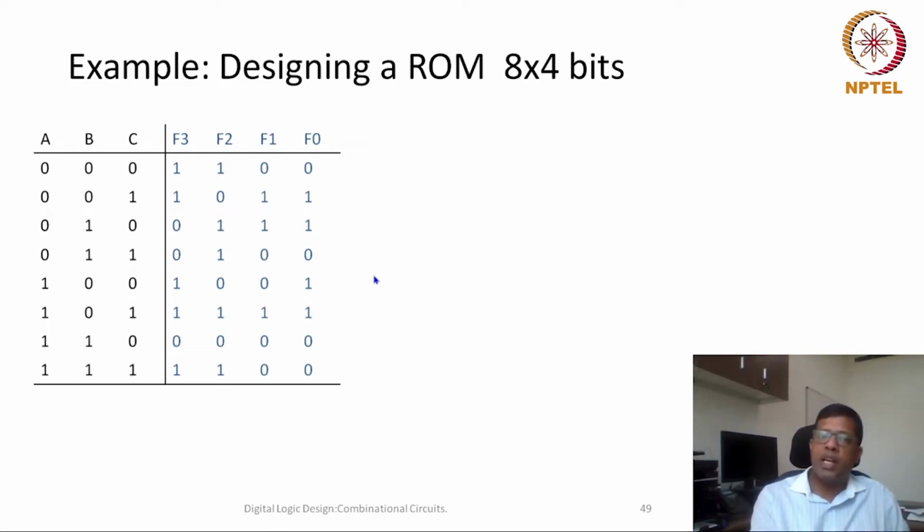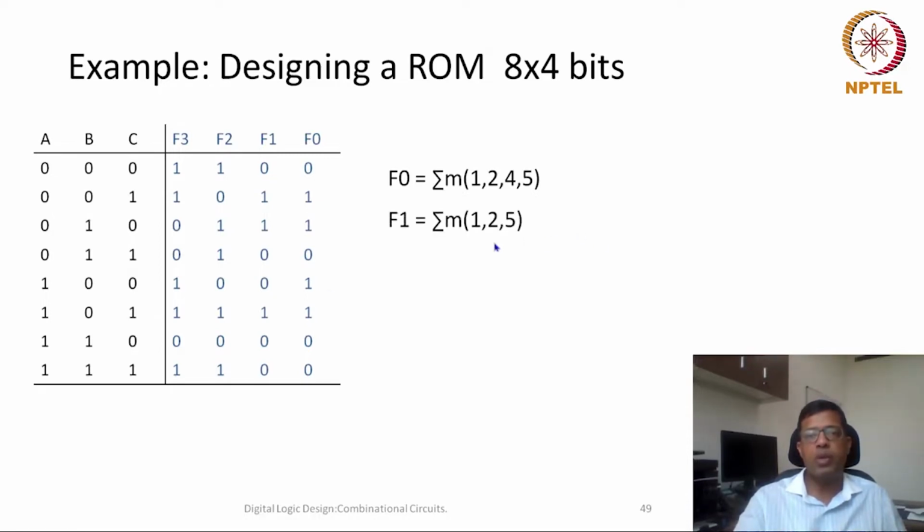How do I design it? It looks like a truth table. So because it looks like a truth table, what I can do is create 4 different functions. I can say that my f0 is actually the sum of minterm 1, 2, 4 and 5. Similarly, function f1 is the sum of minterm 1, 2 and 5.